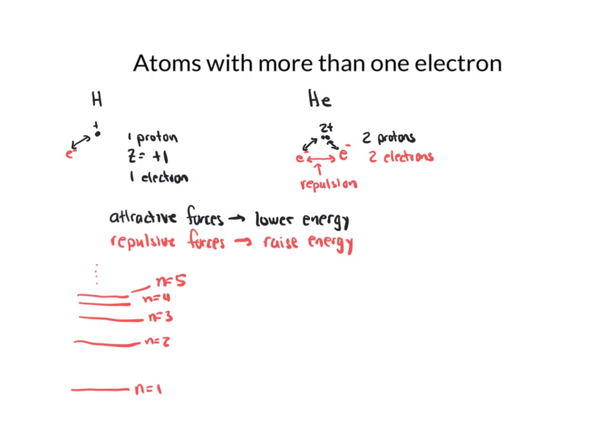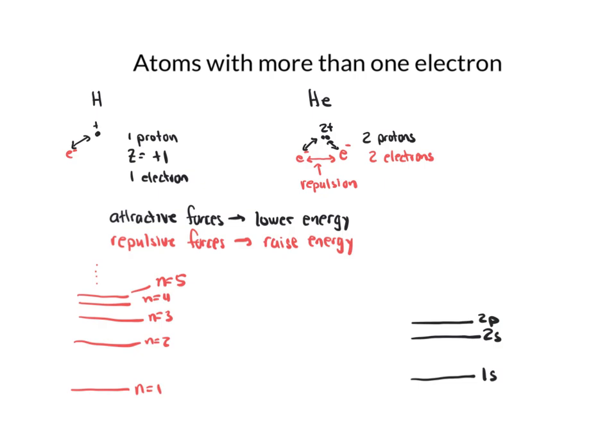And so we have a much more complicated atomic energy level diagram, where we have our 1s, and then we have our 2s, but the 2p is a little bit higher in energy than that because its shape is slightly different, and so the electron-electron repulsion is stronger, and that raises the energy a little bit more.